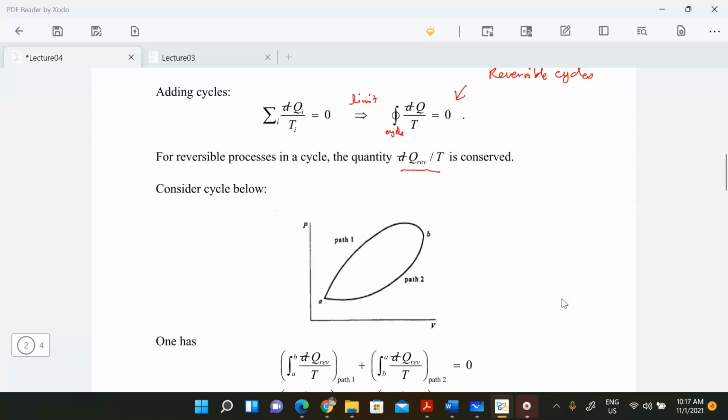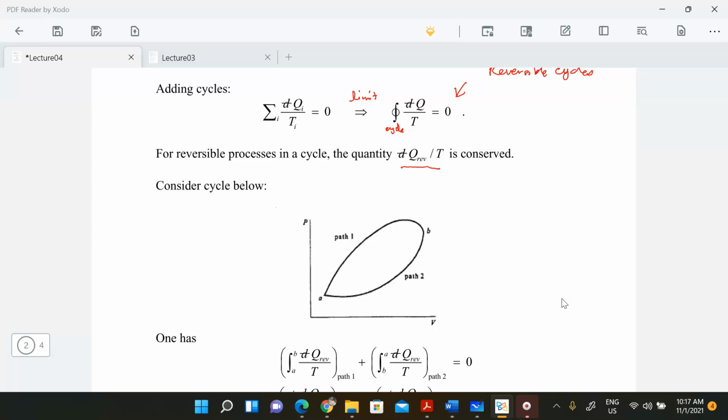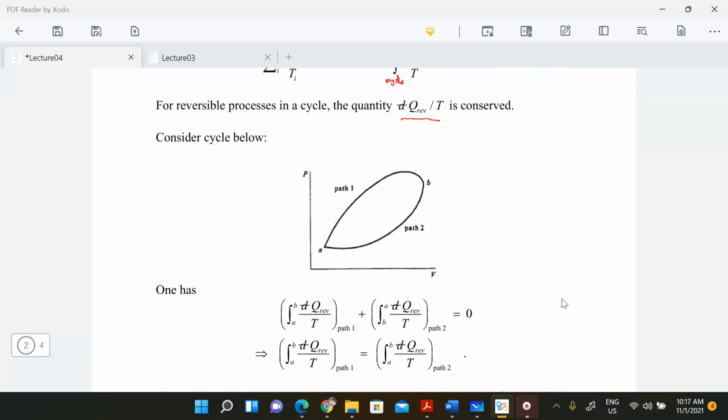Let's look at a different thing so that we can understand this a bit better.